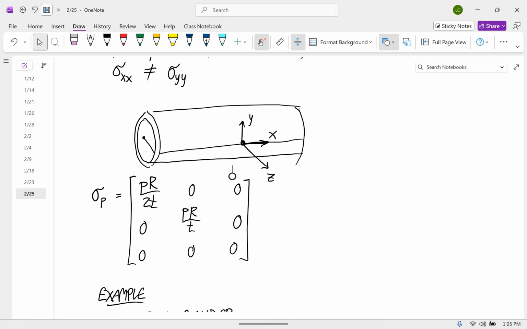Okay, so this is it for pure tension and compression for members. We've done trusses, and now we've done pressure vessels. Now we're going on to a bigger topic that's going to take up a lot of this class, which is stresses in beams. For stresses in beams, we're going to start out with a review and a little extension of internal loads.